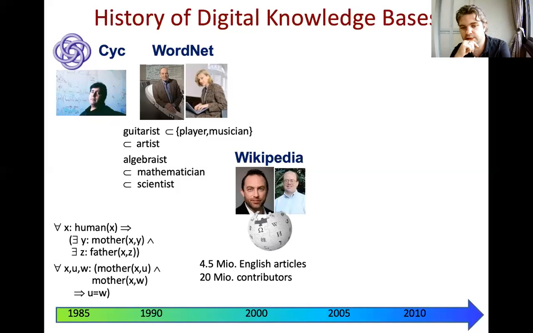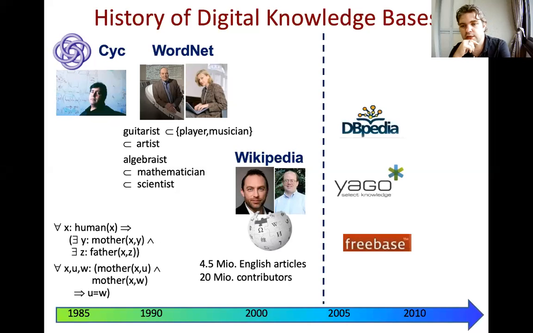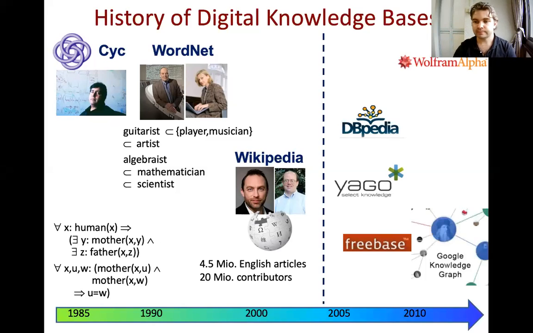We get Wikipedia. There are 4.5 million English articles and 20 million contributors. And then since 2005, then 2010, now we have modern knowledge graphs such as Yago, Wikipedia, and Freebase. And then we get even more advanced ones, such as AlphaGo and so on.